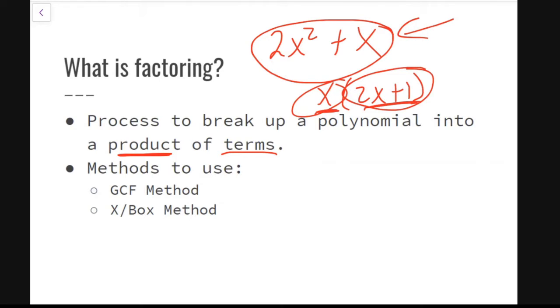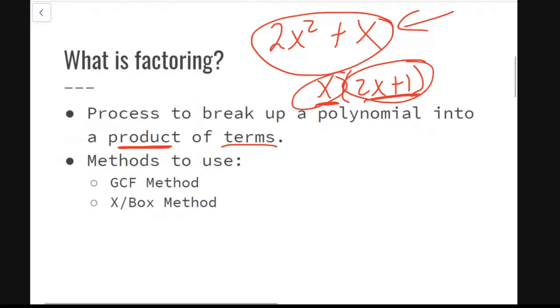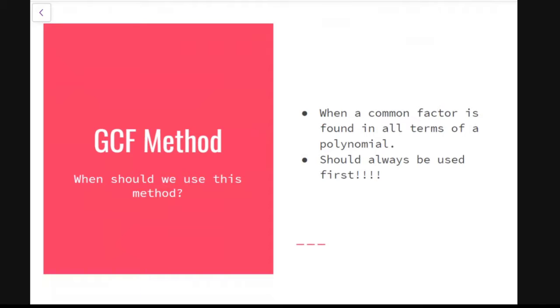So there's two methods we want to focus on, the GCF method and the X or box method. So what is the GCF method, and when should we use it? Well, when a common factor is found in all terms of a polynomial, you should always use this method first. So let's say we have a big polynomial like 100x squared plus 50x plus 2.